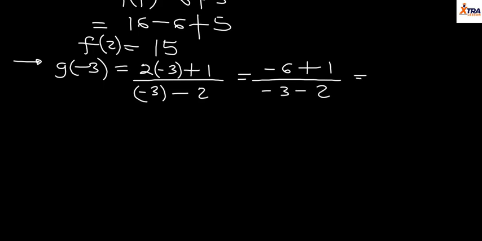This will give me minus 5 over minus 5. My g of minus 3 will therefore become 1, after minus 5 cancels out minus 5.